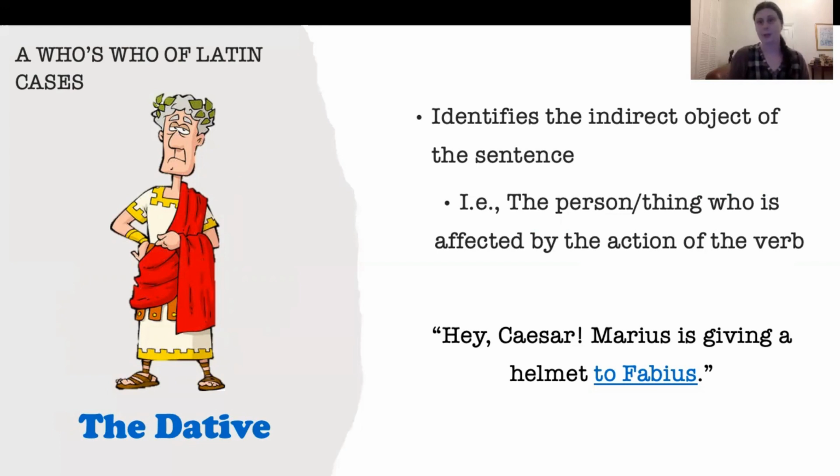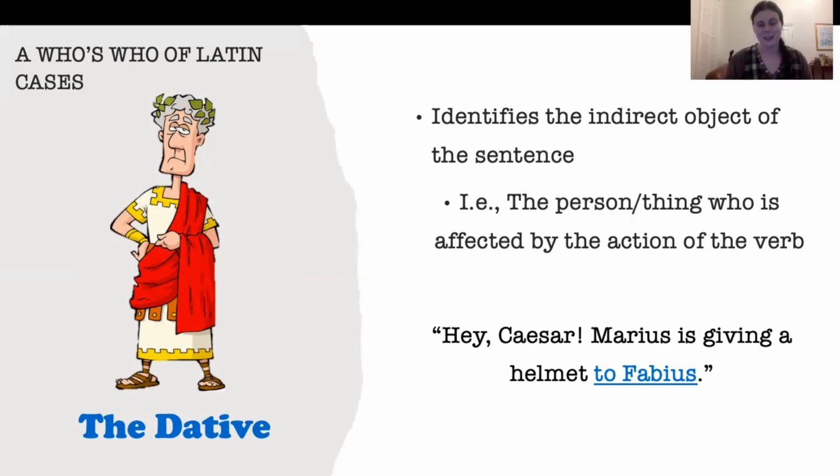It has a direct object, the noun that is being directly affected by the action, and then it's got an indirect object, which is a noun that's being affected by the action of the verb, but is not necessarily having the action of the verb done to them, if that makes any sense whatsoever.